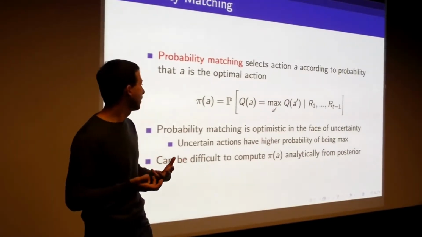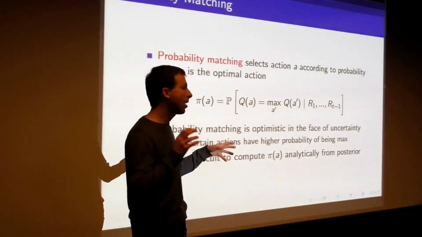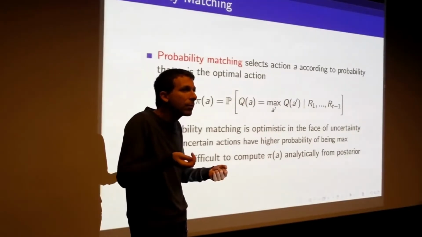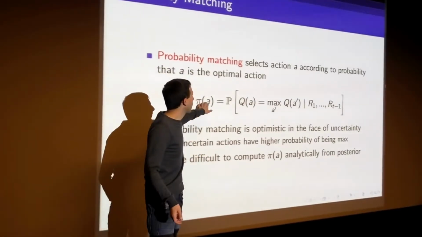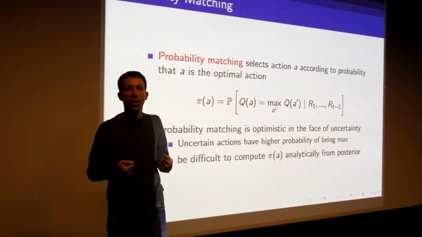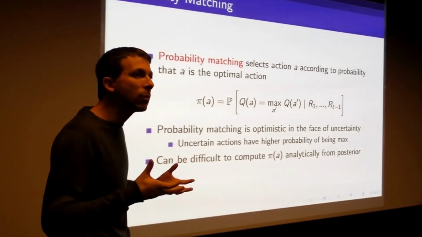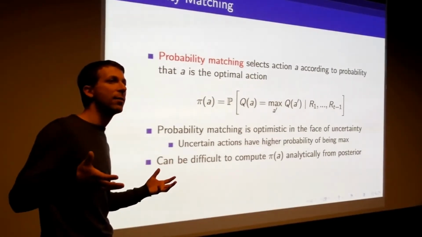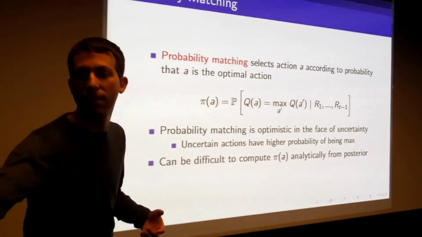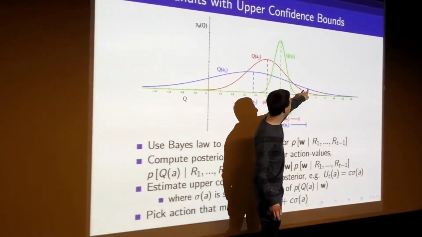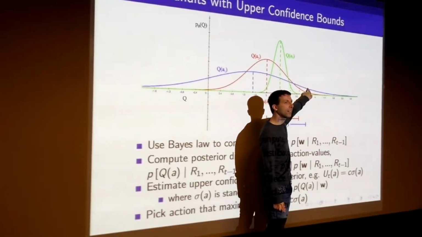In other words, if we've got some uncertainty over our Q values, and we just probability match, we automatically pick things which have higher uncertainty. The more uncertainty there is in something, the more chance that thing actually could turn out to be the max. In other words, if we look at these distributions again, what's the probability that blue is actually going to end up being the max? It's fairly high.